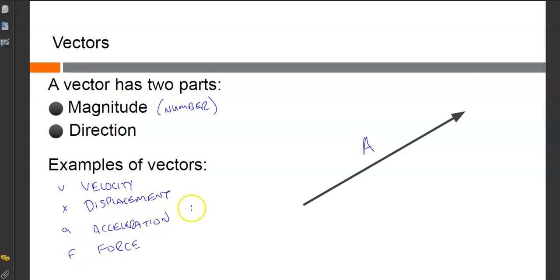But to indicate that it's a vector, we put a little arrow on top of it like that. This would be V. As soon as you put that on, that's vector V, and vector X, the displacement vector, the acceleration vector, the force vector, torque, angular momentum. There's a bajillion of these things that we use in physics. The nice thing is they all work the same way.